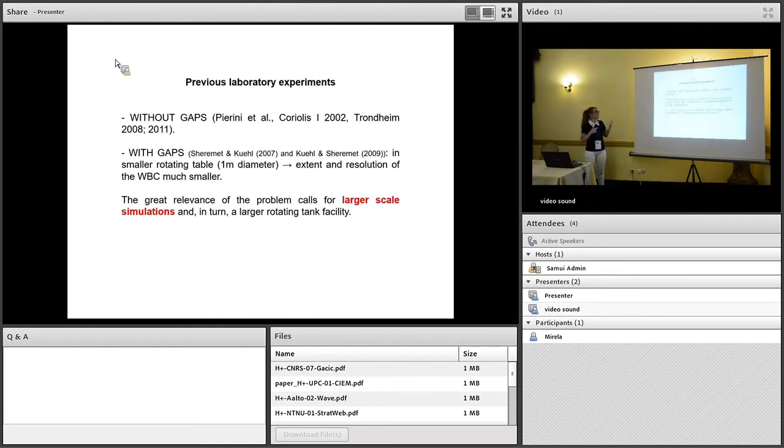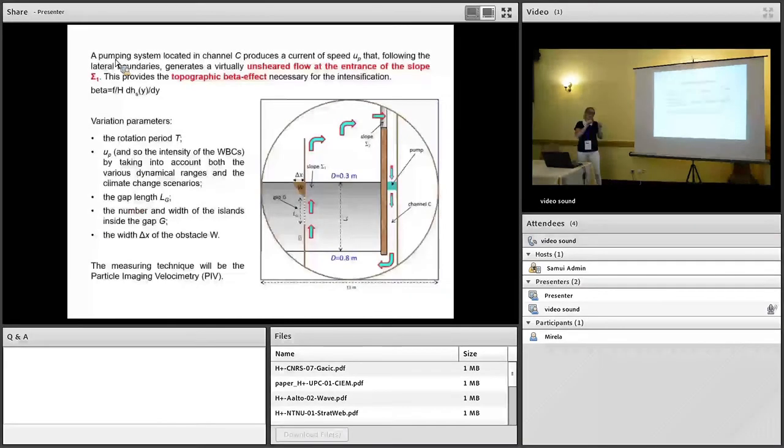So there is a need to make such experiments in a larger-scale installation, so that we can have the development of the inertial boundary layer on a much wider scale, and also better meridional resolution of the zonal profile of the meridional velocity. This is the main motivation of this study.